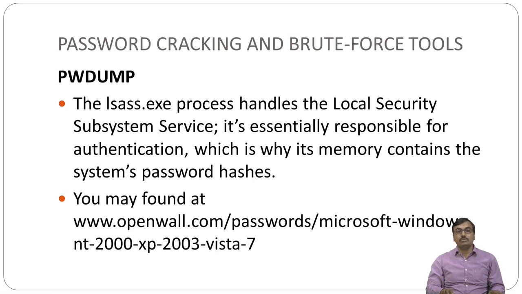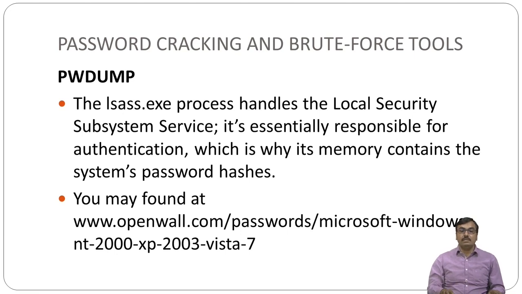So how to download or execute this pwdump utility tool? Actually, there is a URL as I mentioned on the screen, www.openwall.com/passwords, for Microsoft Windows NT, 2000, XP, 2003, Vista, 7.